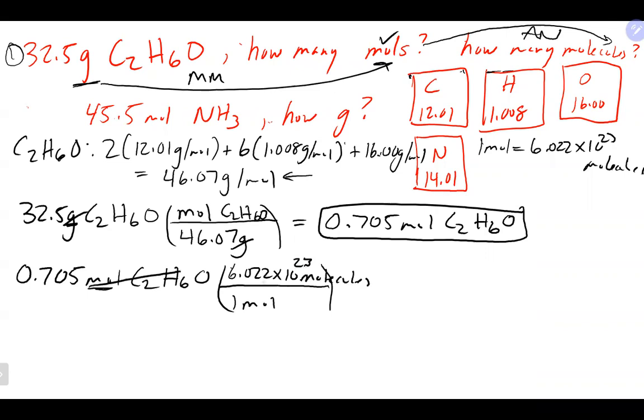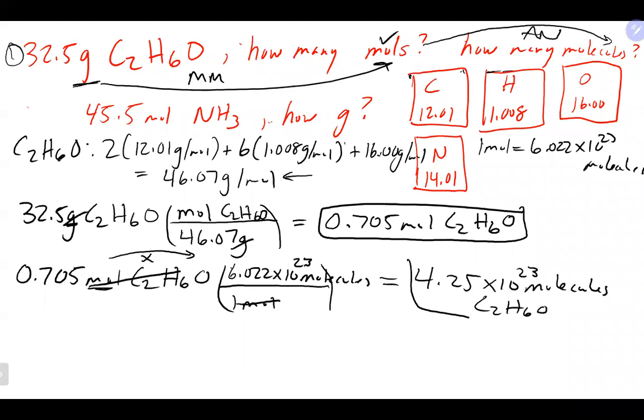The moles here will cancel. Since they're both on top, we are multiplying those 2 numbers. Using our exponent button, 23, we will get 4.25 times 10 to the 23 molecules here of C2H6O.